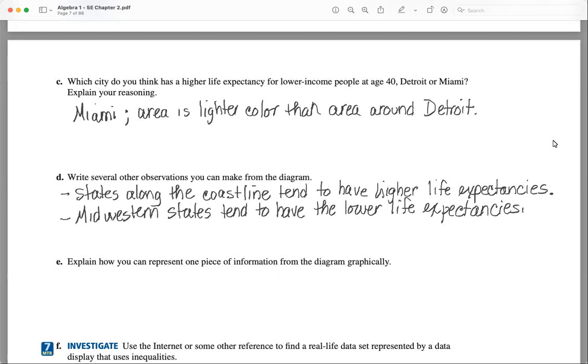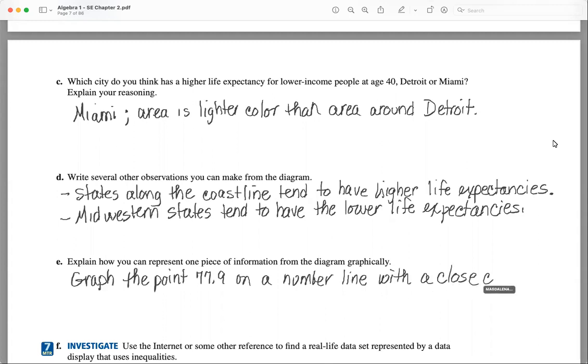Well, we could say, I want to graph the point 77.9 on a number line with a closed circle pointing to the left to represent lowest life expectancy.